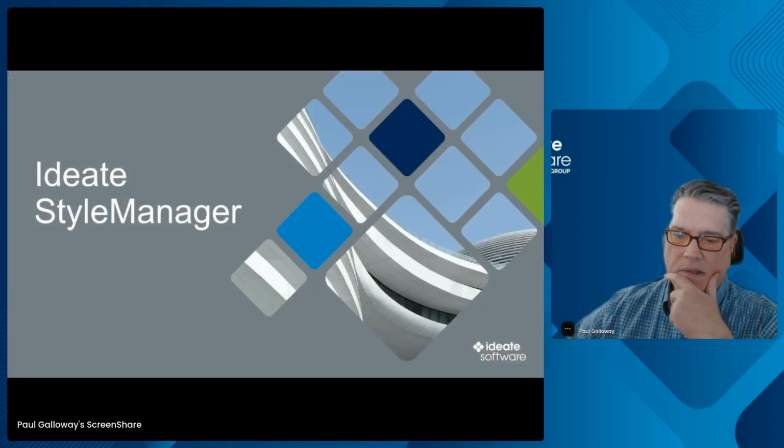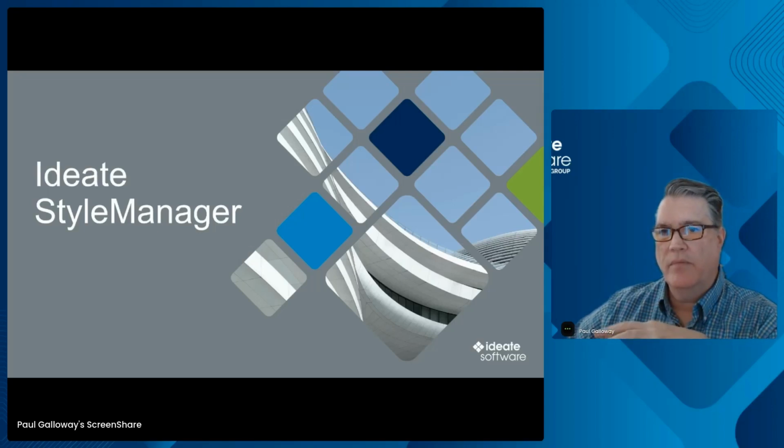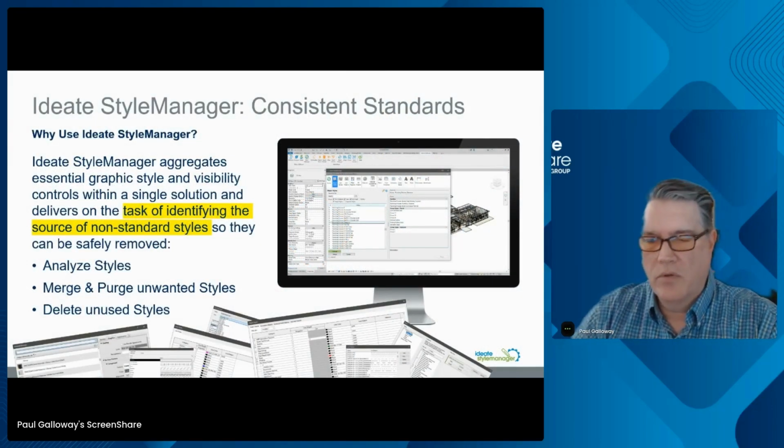All right, so that was just a quick run through on Explorer for looking over the project in general. Now let's look at a little bit more on the QA side, but we can also use it to check up on things after the fact. Style Manager allows us to get a look into the style content.